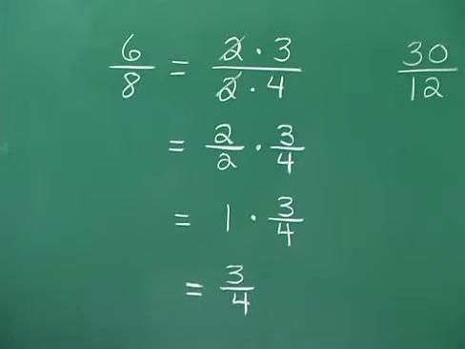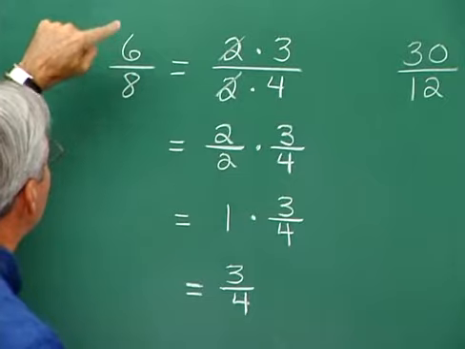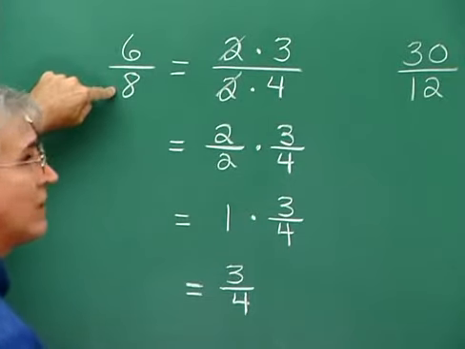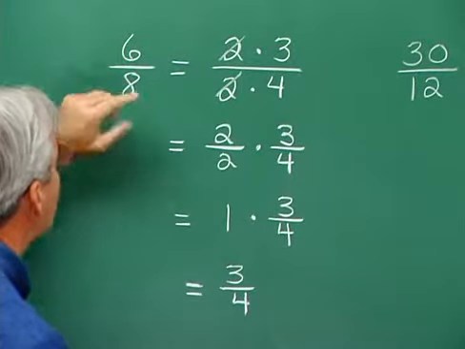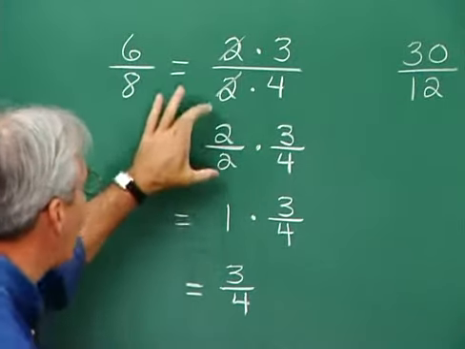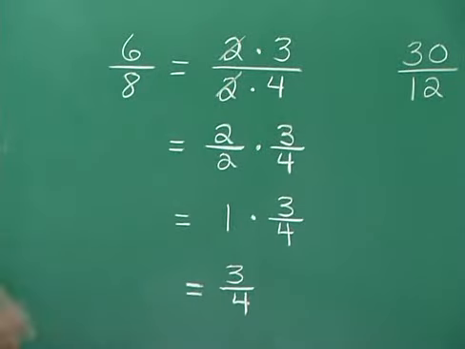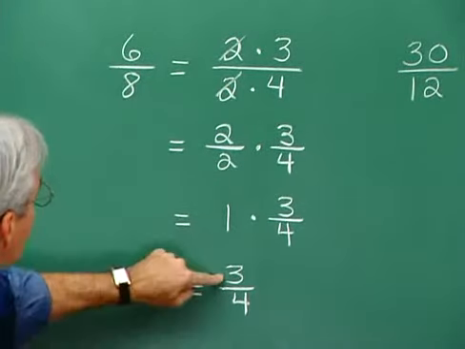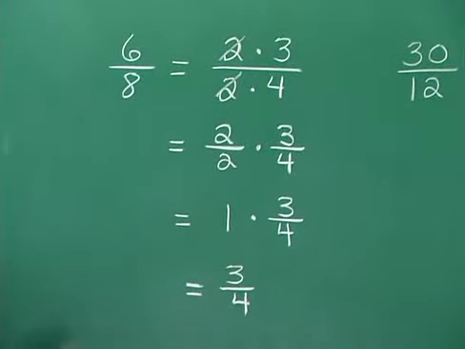Now, an even faster way to do it would be to say that 2 goes into both the numerator and the denominator. You see, by dividing 2 into both of them, once again, we're just taking out that 1 that we see within those factors. So we could say 2 into 6 goes 3, 2 into 8 goes 4, and very quickly reduce the fraction. But this is the basis of the reduction idea.